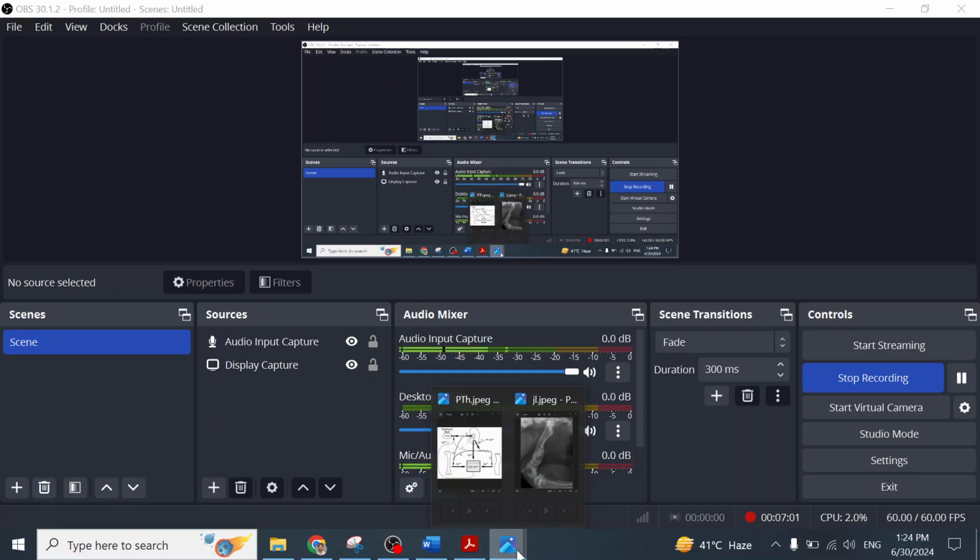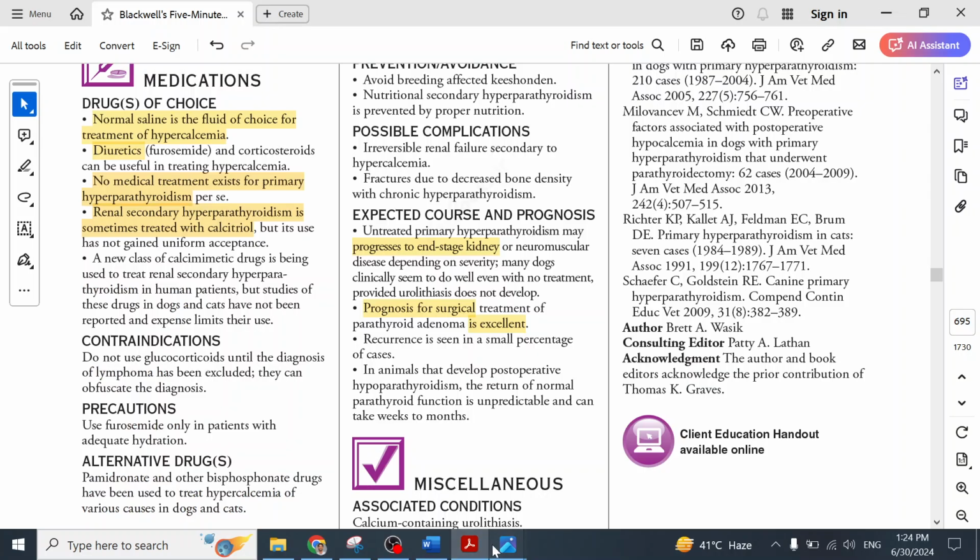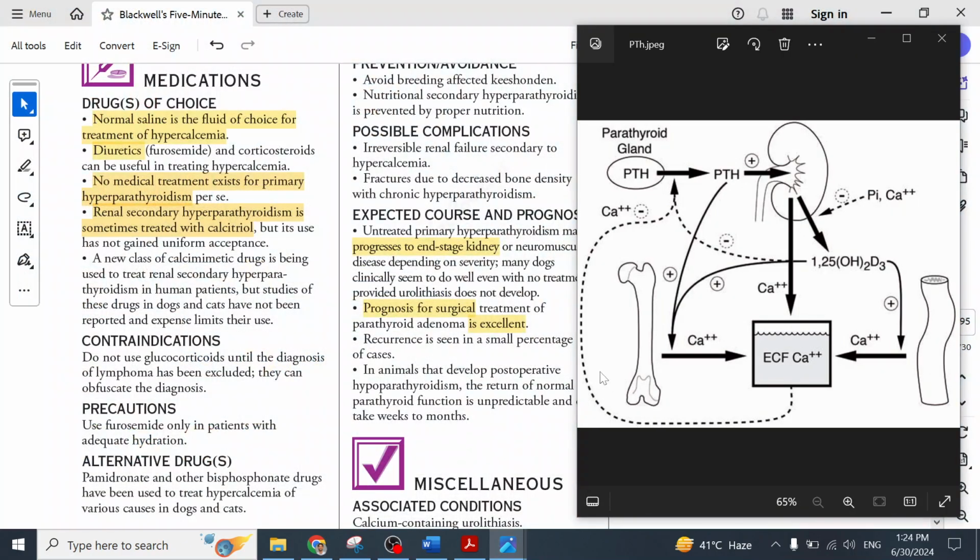You can see, look at this. This is a normal pathophysiology of parathyroid hormone, which acts on the kidney, and the kidney produces calcitriol-like factor, which causes absorption of calcium into the ECF.